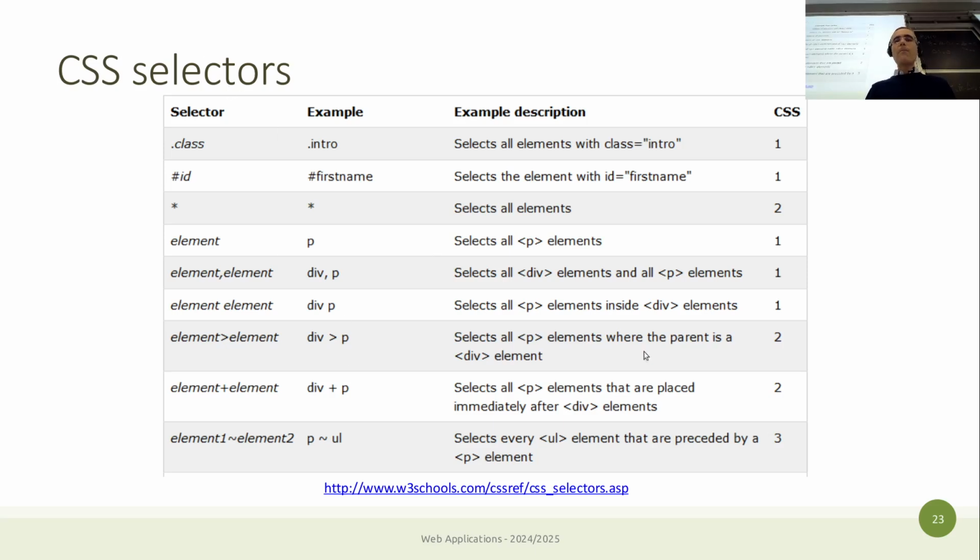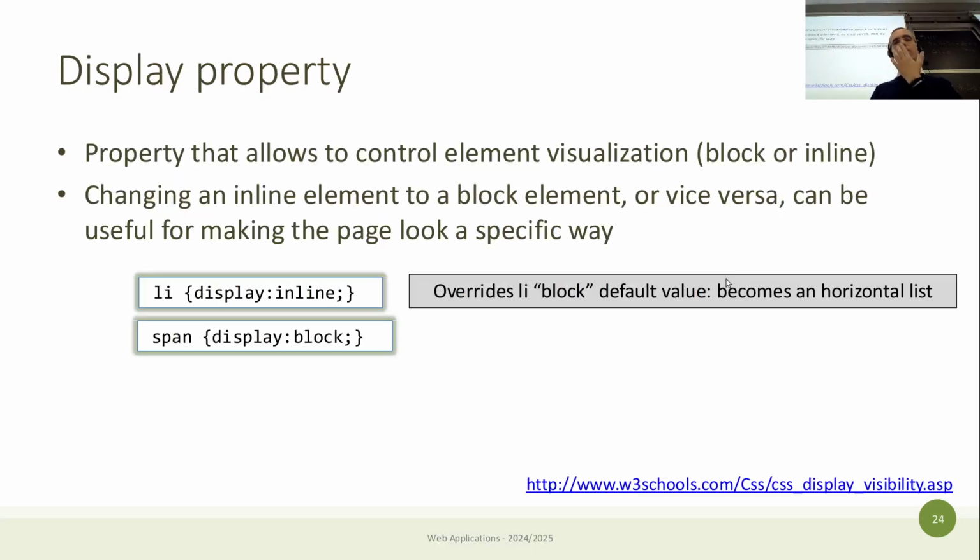So that's a summary. I mean, again, most of these slides are just for reference. We will focus on important things, like some properties. There are properties of CSS, which are really important, and we need to know them.